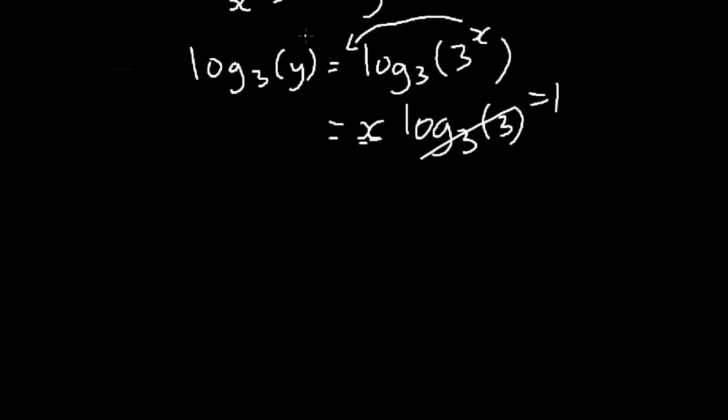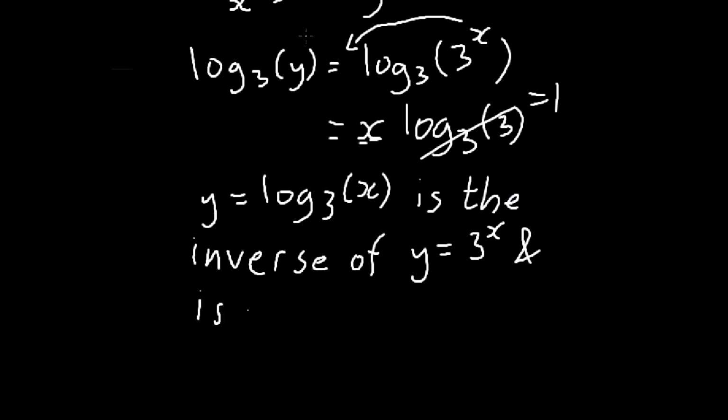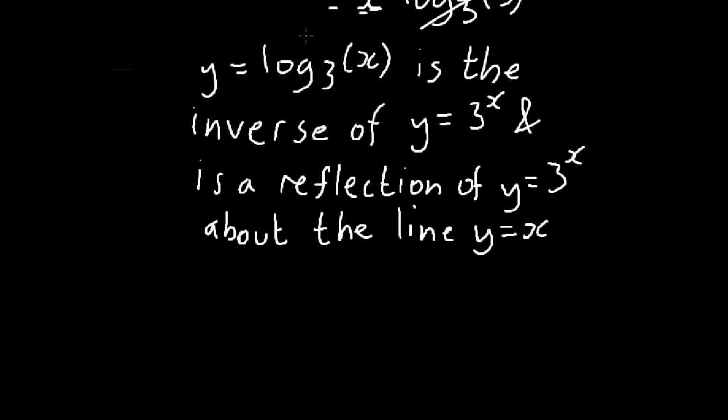We say y is equal to log base 3 of x is the inverse of y is equal to 3 to the power of x and is a reflection of y is equal to 3 to the power of x about the line y is equal to x. There you go. That is the solution to part B.